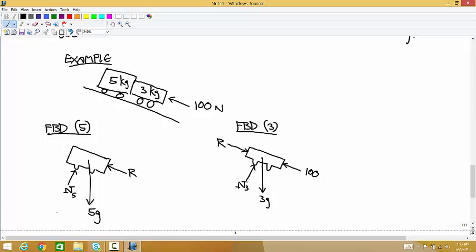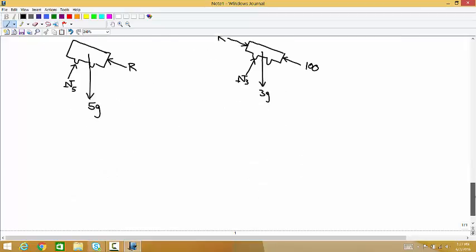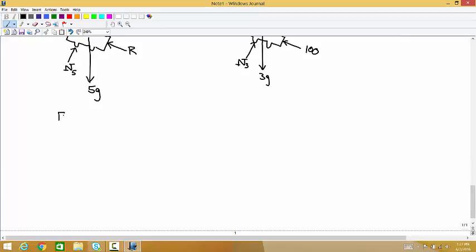Okay, and then the last one is friction contact. Friction contact is used to break up the contact force into a normal force and a friction force.